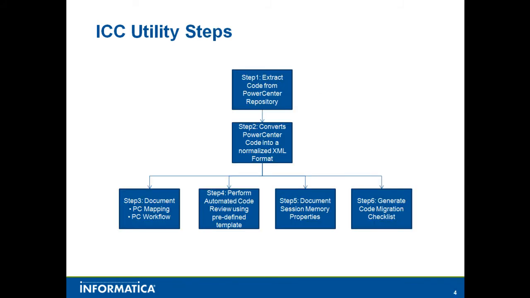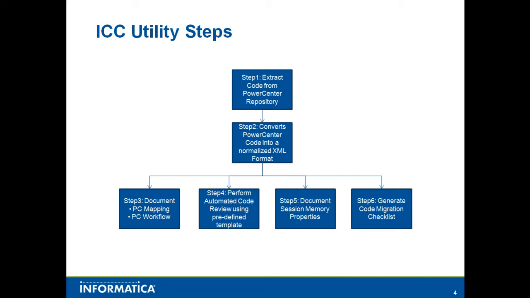Now ICC is a command line tool which performs the following steps in a sequential manner. Step 1 is to extract Power Center code from the Power Center repository. Step 2 is to convert that code into a normalized XML format. There are advantages of doing this, and it's explained in detail in the user guide.